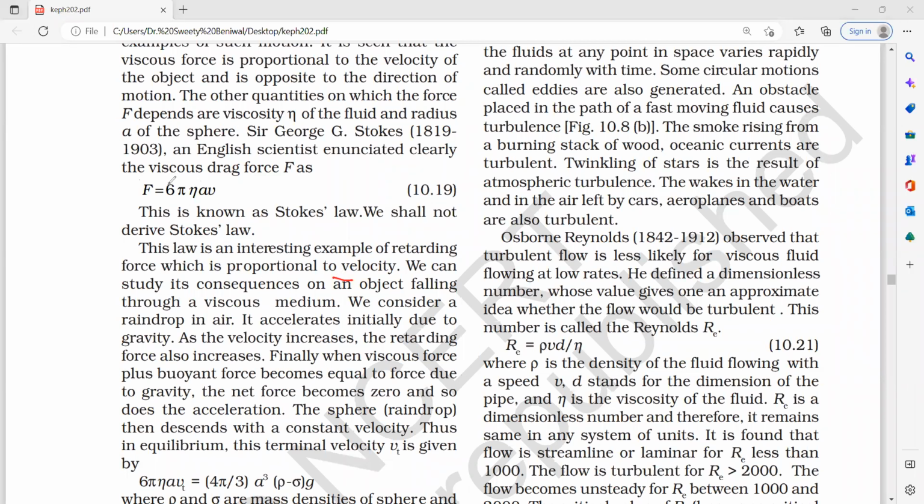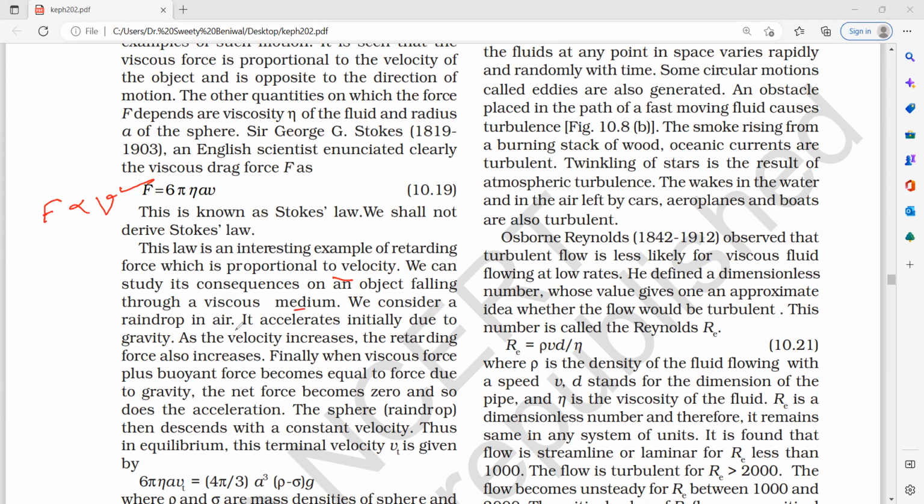If I look at this equation, F is proportional to velocity to the power 1. We can study its consequences on an object falling through a viscous medium.